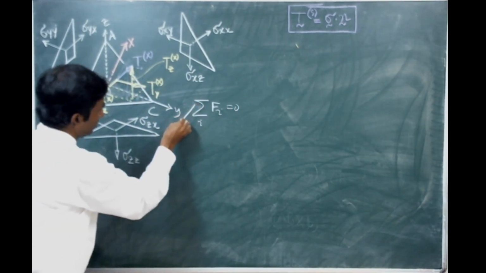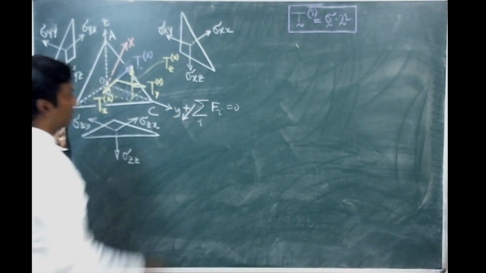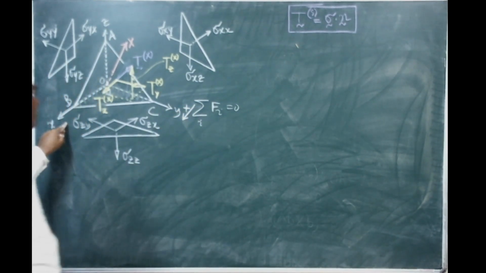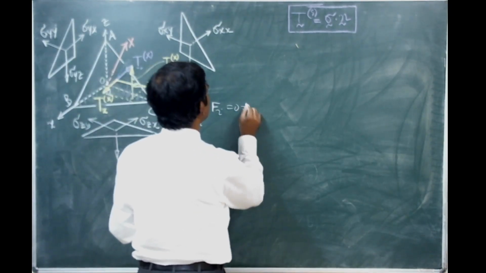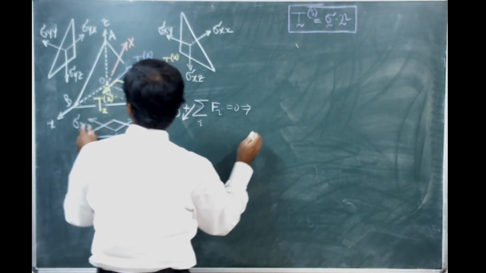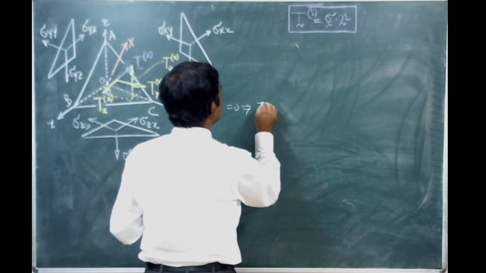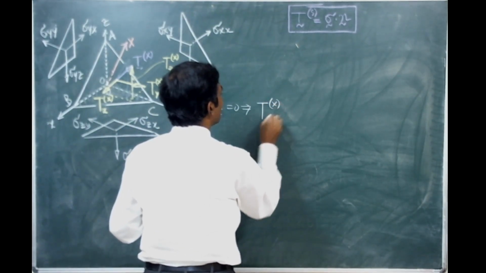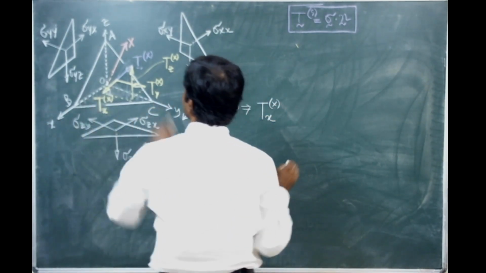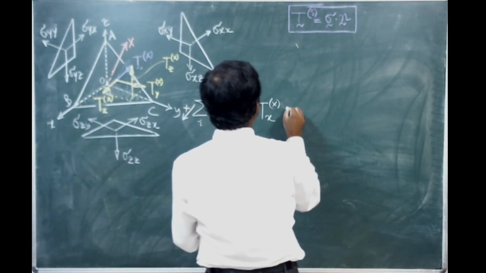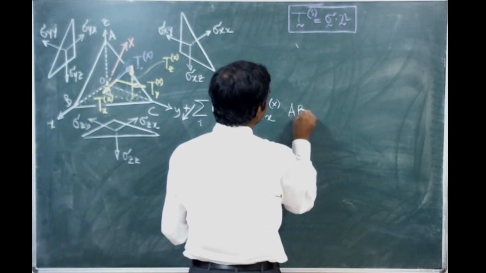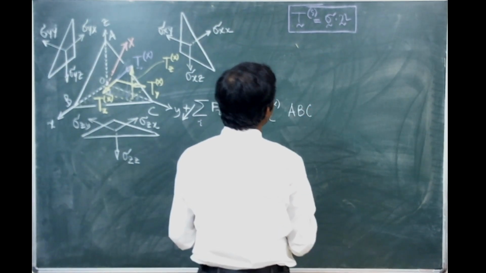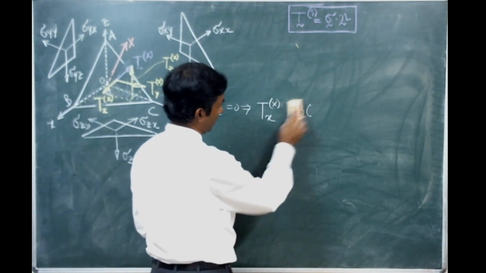So this time x is here, along the x-axis is positive. That implies that Tx of x times the area ABC. Area ABC.